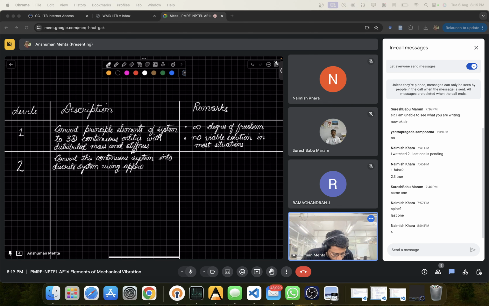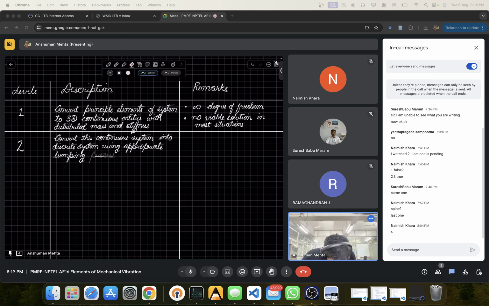What we can use here is something called the lumping process, the lumping procedure.